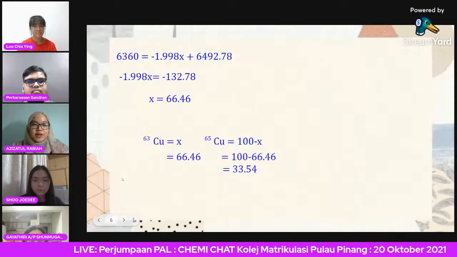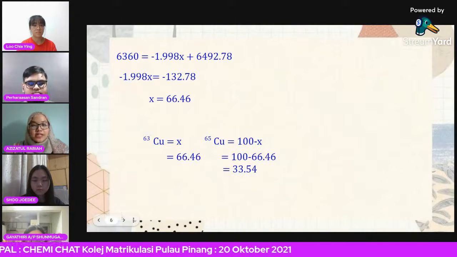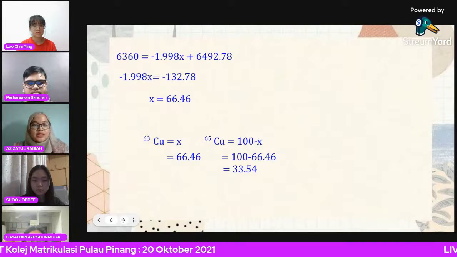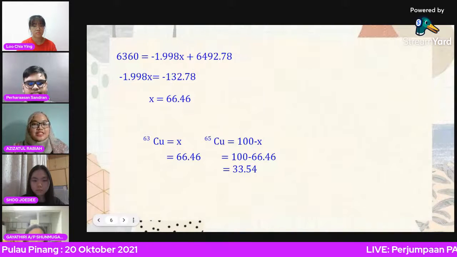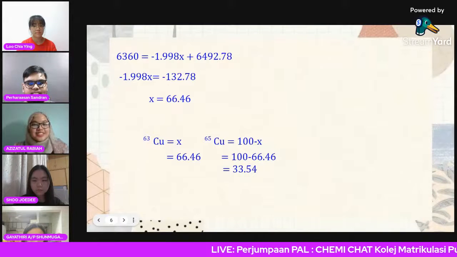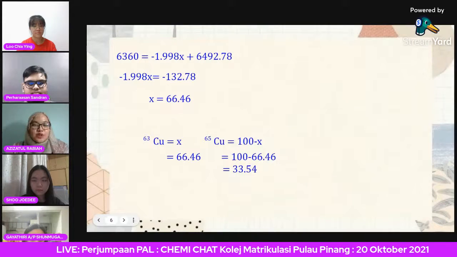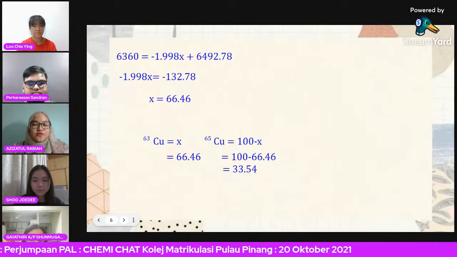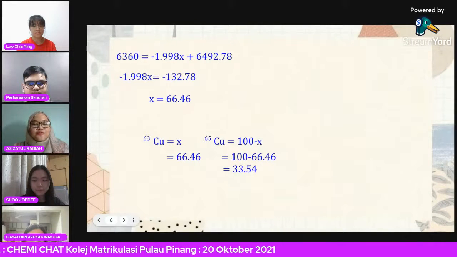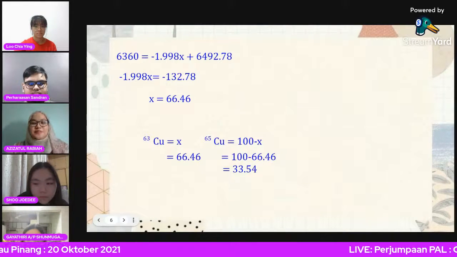Then we substitute the value of X inside of our assumption equation that we just made, where copper 63 is equal to X, while copper 65 is equal to 100 minus X. Then copper 63 is equal to 66.46, while copper 65 is equal to 100 minus 66.46, equal to 33.54. That is how we find the abundance of each isotope for copper. Thank you.